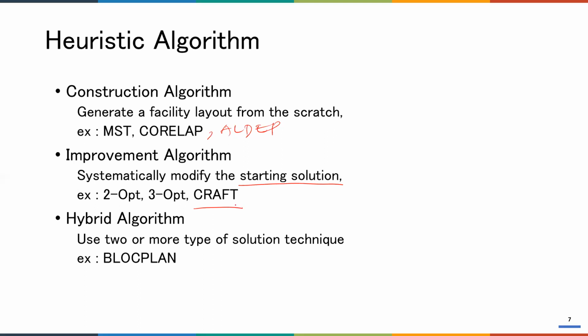And today we will talk about CRAFT. There is another one, which they mention as a hybrid algorithm, where they can use both as a constructive and an improvement algorithm, which is BLOCPLAN. So for today, we will talk only about 3: CORELAP, ALDEP, and CRAFT. Those who developed these 3 algorithms and BLOCPLAN have made software, so you can try to find it on the internet, but I'm not sure whether it is free or not.